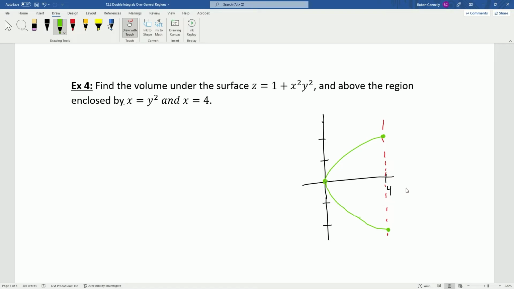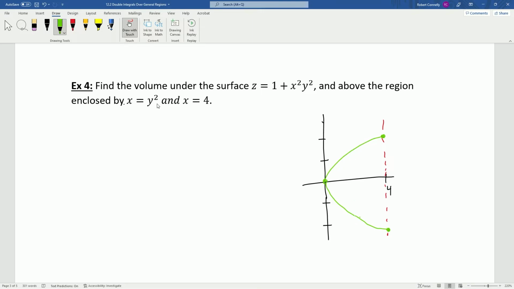Now there's a sort of tiny complication here, which is that when we look at these regions, we see that our y value is going to be bounded between these two different parts of the graph, but these are actually the same function.